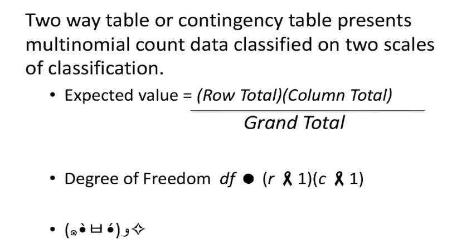There are two equations for two-way table. The first one is what we use to calculate expected value, which is row total times column total over grand total. And the second one is about how to find the degree of freedom.